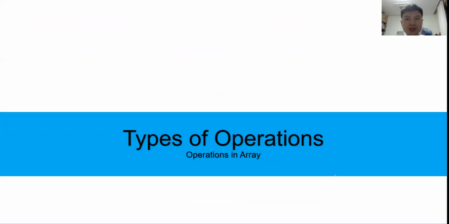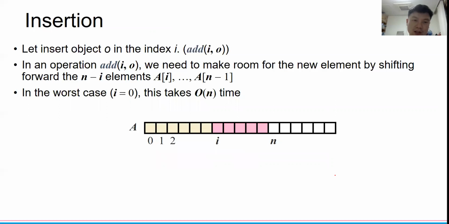So when we deal with the array, we need to understand the kinds of operations. Types of operation in array are related with insertion. When you have the array, you want to add something, you want to put more elements. So let's say if I want to insert object O in the index I, then I can do the operation add(I, O).